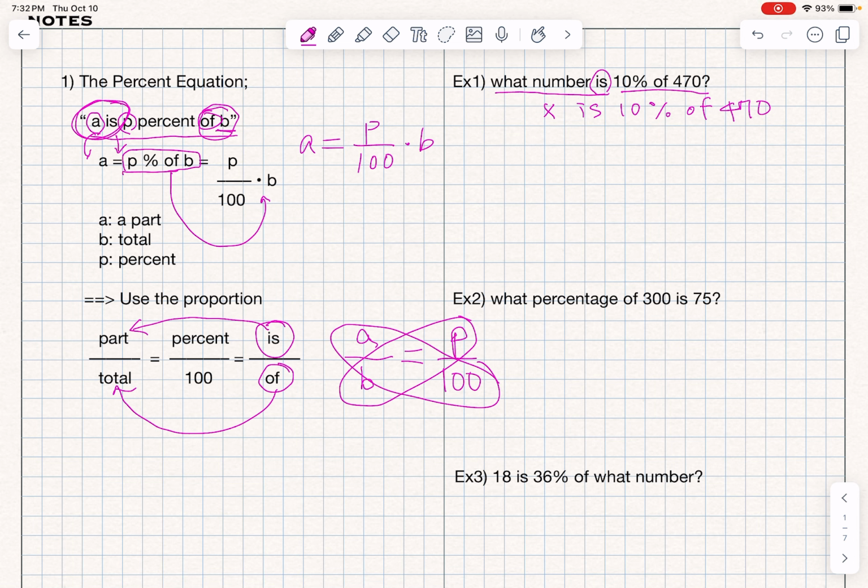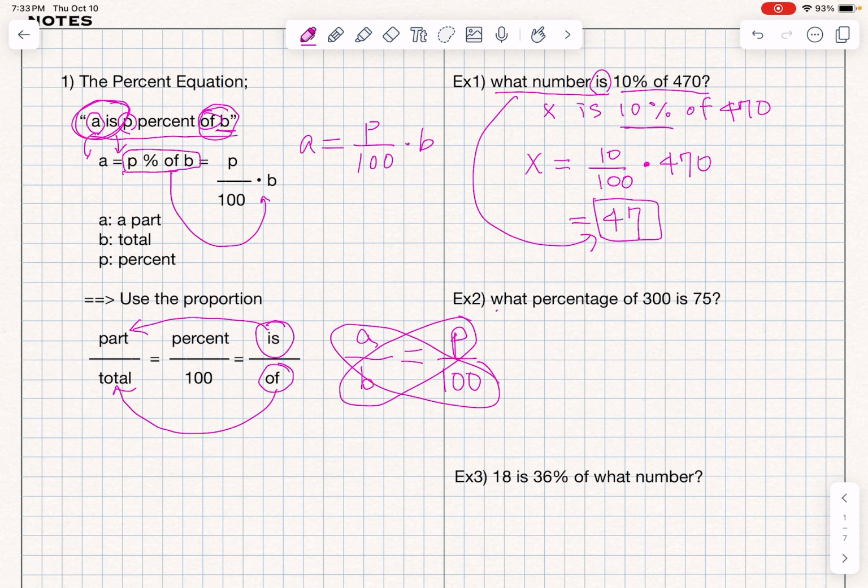So you can change it to the x is 10% as a fraction, 10 over 100. Of means multiplication with a 470. So if you use your calculator, 10 over 100 times 470, then it turns out to be 47. So unknown value x will be 47.